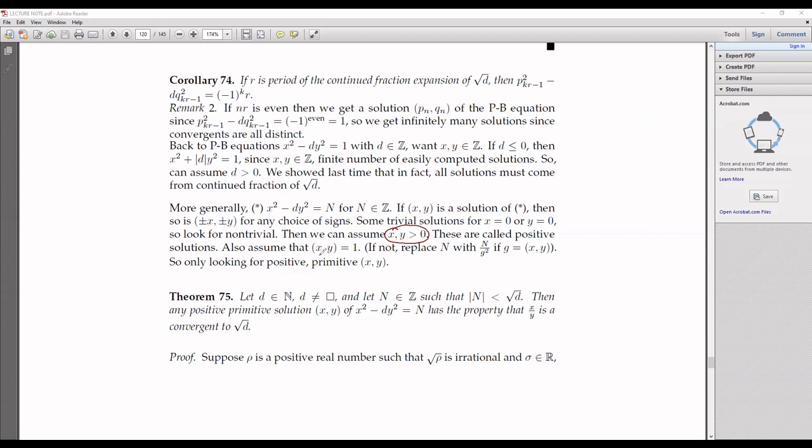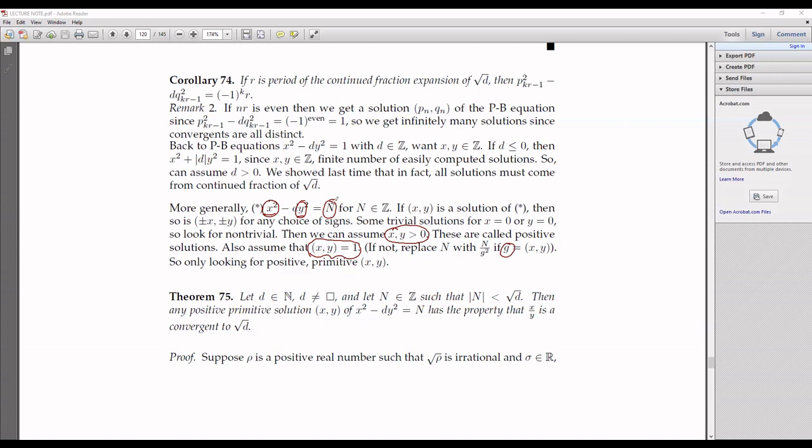Now, we can also safely assume x and y are co-prime, because if they are not, and if their GCD is g, we can easily divide both sides of the equation by g squared, because if x and y have GCD g, then x squared and y squared will have GCD g squared. And that g squared has to divide n, otherwise there will be no solution, just like the congruence equations we studied in our early classes of this semester.